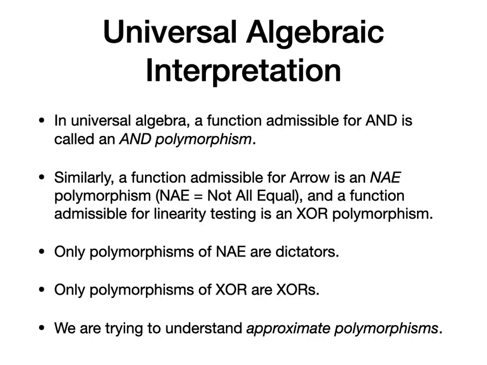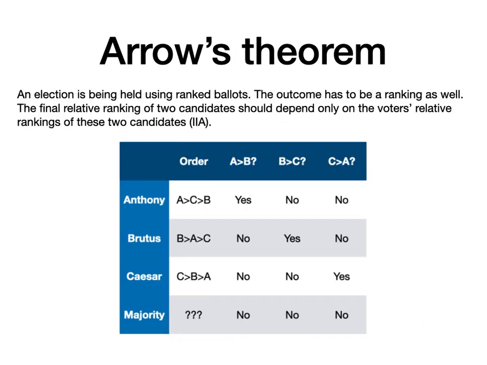The first interpretation is from universal algebra. In universal algebra, what we call the function admissible for AND is known as an AND polymorphism. In the case of Arrow's theorem, let me go back a bit. The constraint we have on each row is that of the 3 yes-no pieces of data, they cannot all be equal, because that would create a cycle which does not correspond to any order.